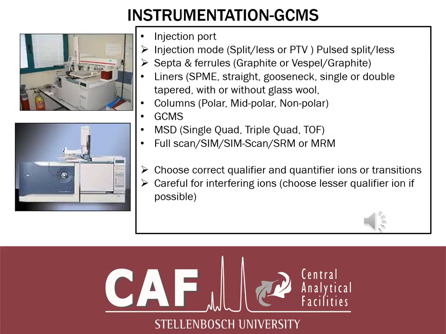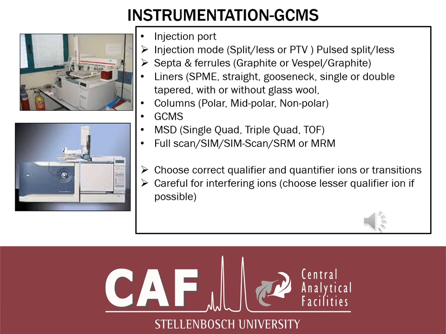And then the GC-MS, which has the MSD, the mass selective detector. You've got a single quad, the triple quad, and the time of flight. The single quad and the triple quad do pretty much the same work. The only difference is that with the triple quad you can do what you call MS/MS or MRM, which you can't do with a single quad.